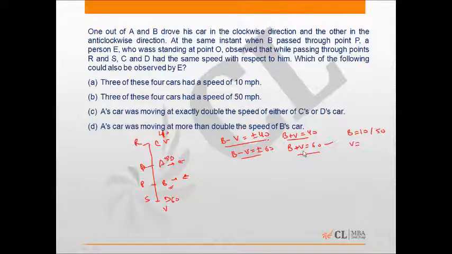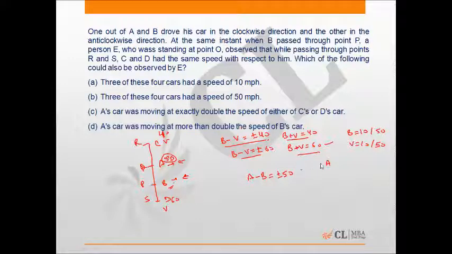Now what about A? A's speed with respect to B is 50. So depending on the direction of A with B, they are moving in the same direction as right now. So A can be, you can say that A minus B is plus minus 50.